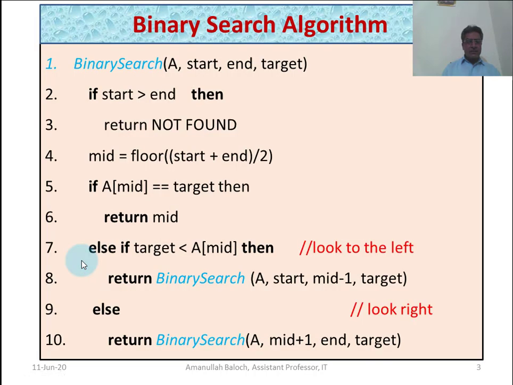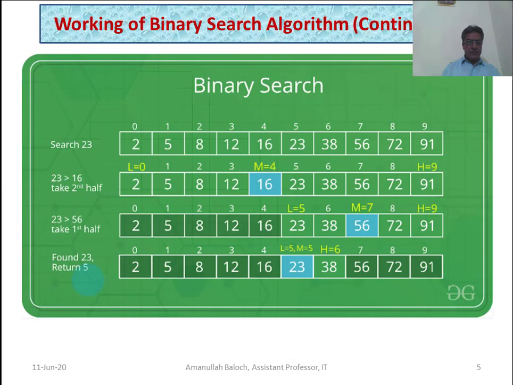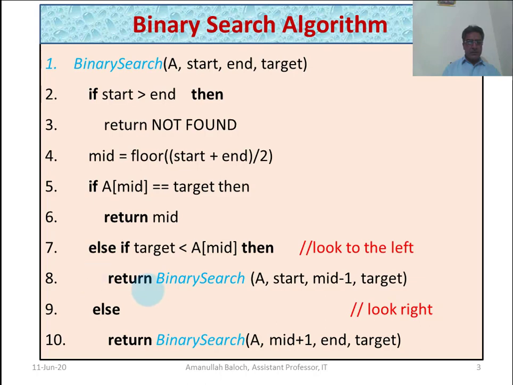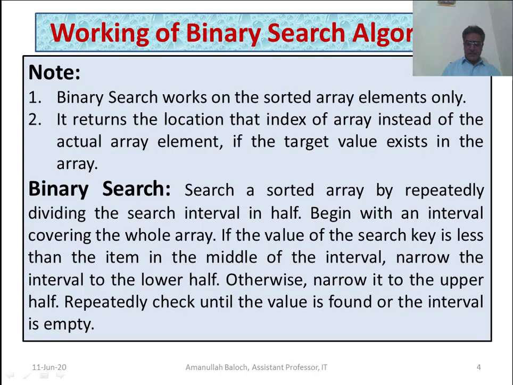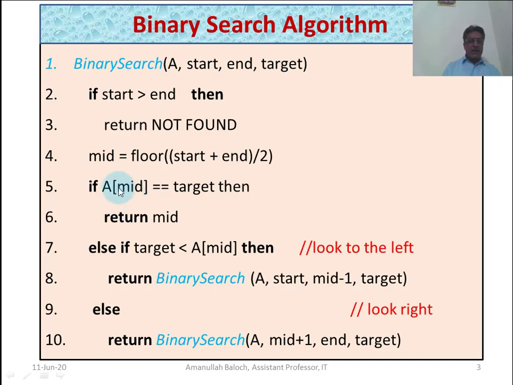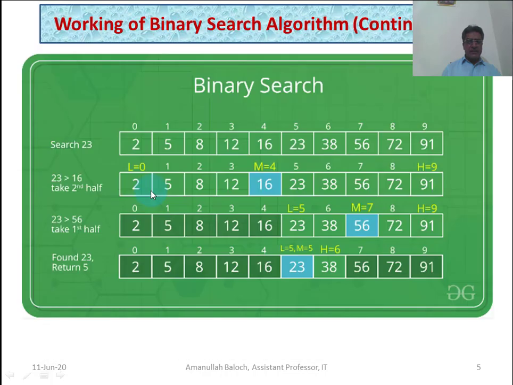Look at the algorithm. First it compares whether a of middle is equal to the target, and a of 5 is equal to 23. At the a of 5 location there is 23.